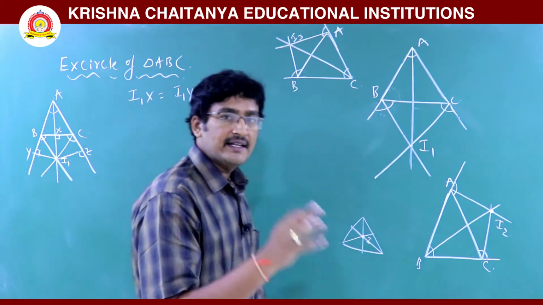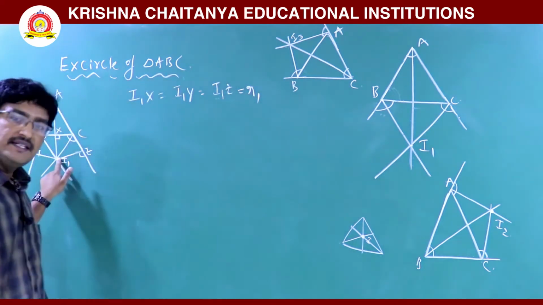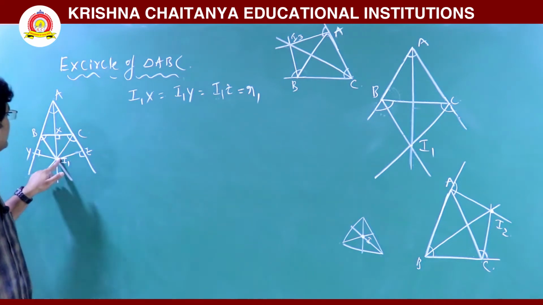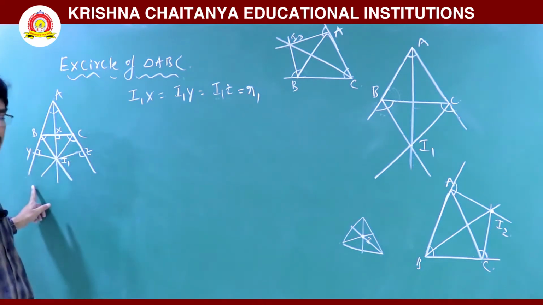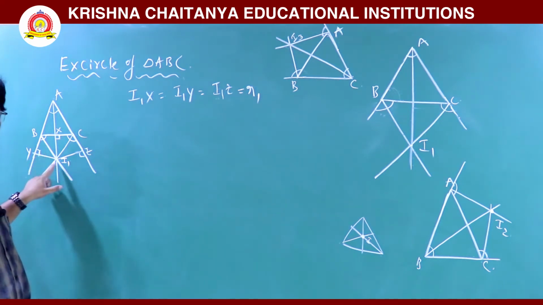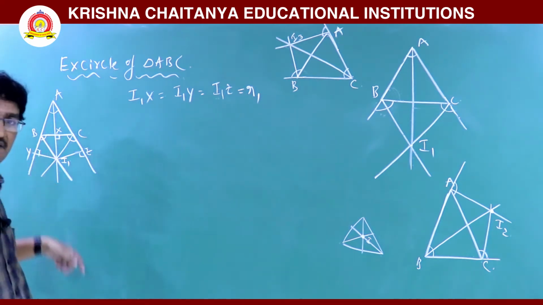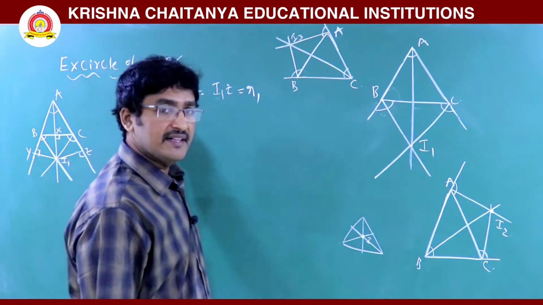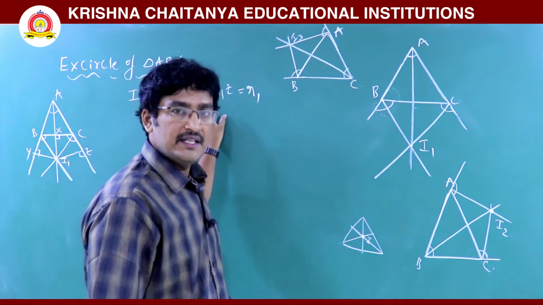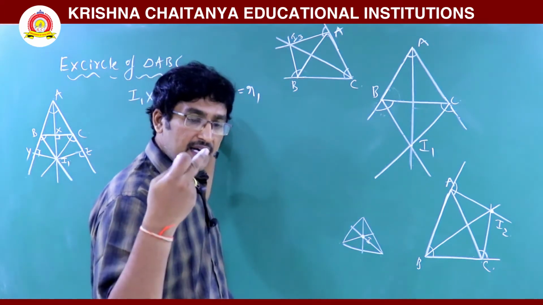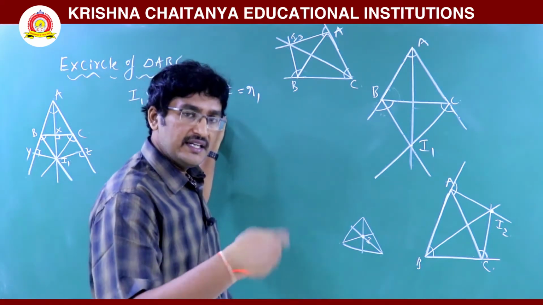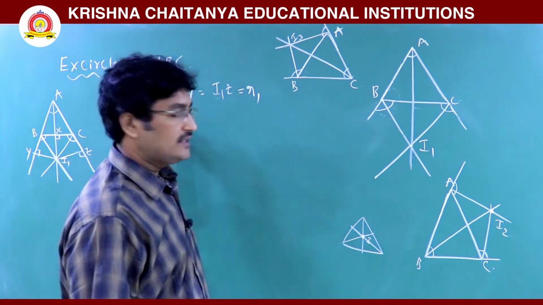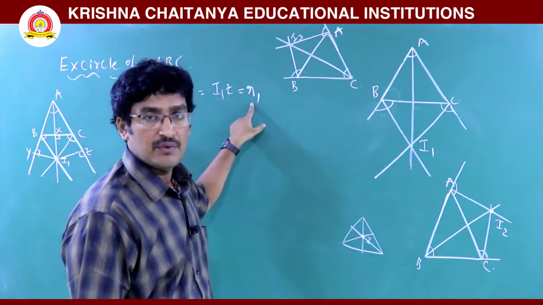Like that, the excenter opposite to A is also equidistant from the three sides of the triangle. You have to remember that also. So we take that distance I1X equals I1Y equals I1Z, the perpendicular distance from the excenter opposite to A to any one of the sides. Let it be taken as R1.